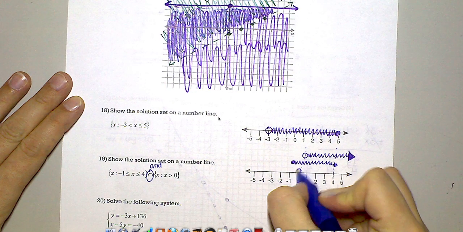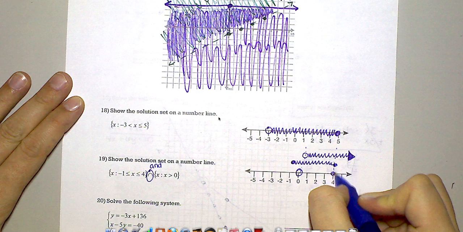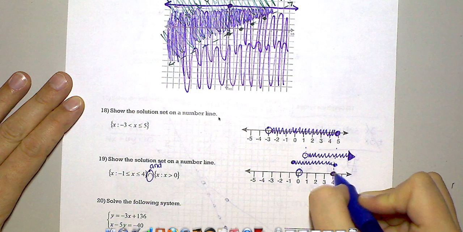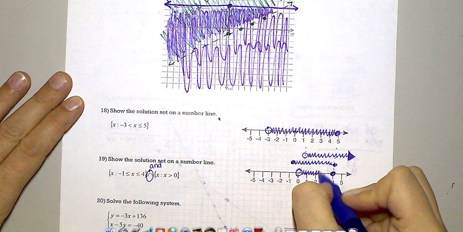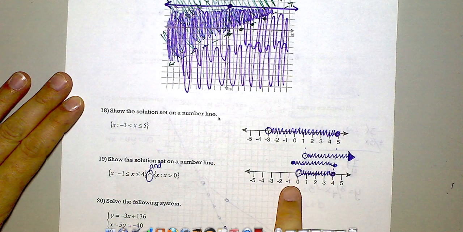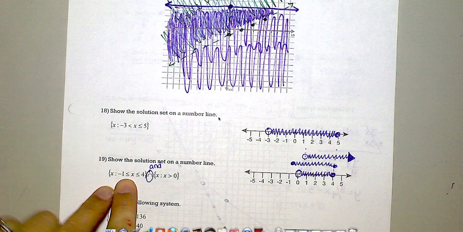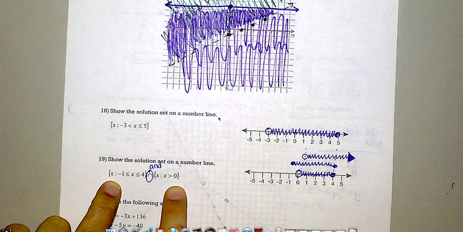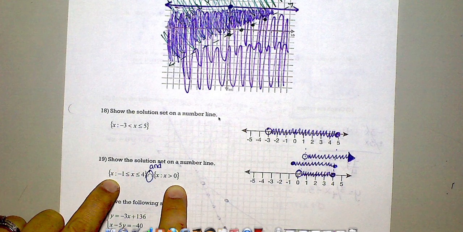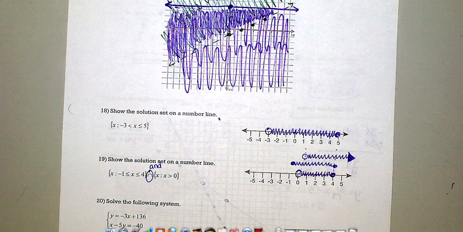So I'm going to do an open circle on 0, a closed circle on 4, and shade in between. Because everything between 0 and 4 are the numbers that would fit both this inequality and this inequality at the same time. That's what you're really trying to say here. Okay, so that's your answer to number 19.